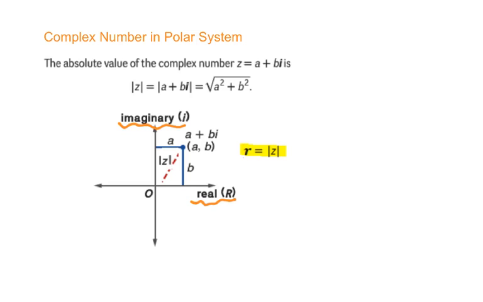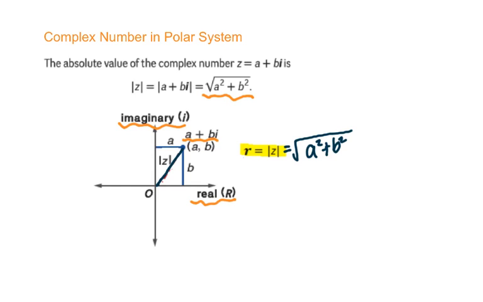We use a plus bi to stand for any complex number. The absolute value of this complex number will be the square root of a squared plus b squared. In other words, the distance between the origin and this complex number equals the square root of a squared plus b squared.